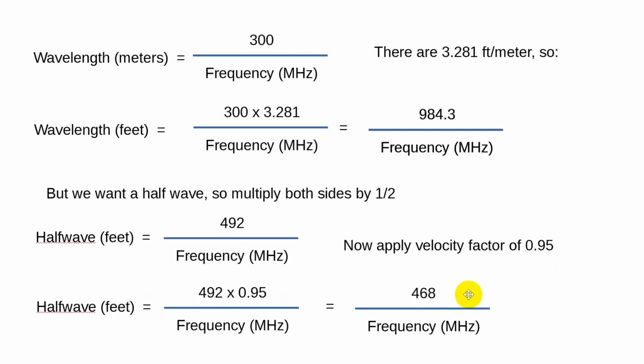The grand old formula that's been around for a million years that says that a half-wave dipole, the whole length of it, not half of the dipole, but the whole dipole, is a half wave, is 468 over the frequency in megahertz. And there, I just showed you how all that worked.